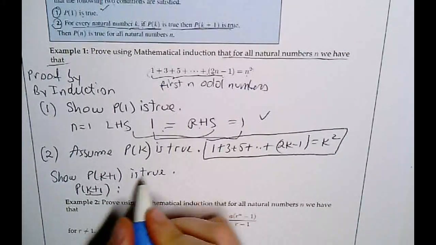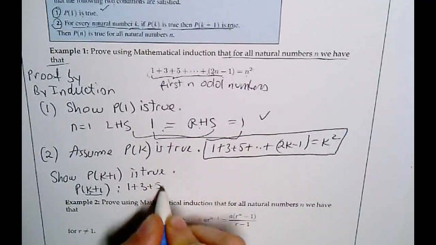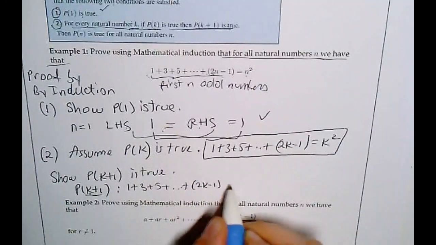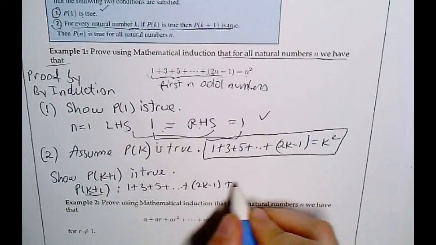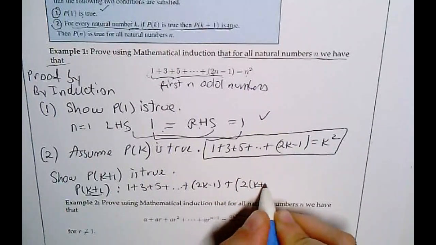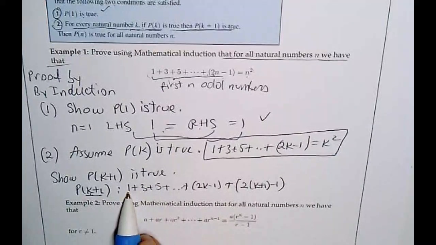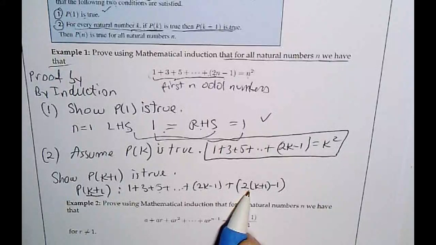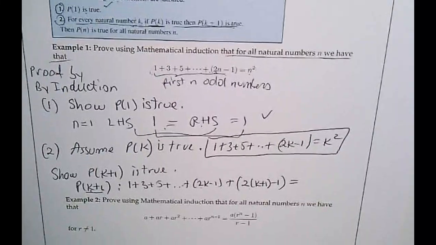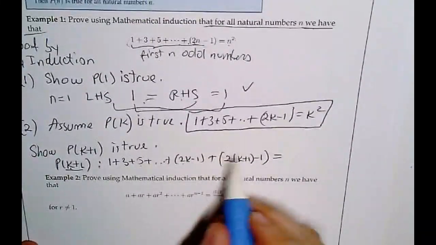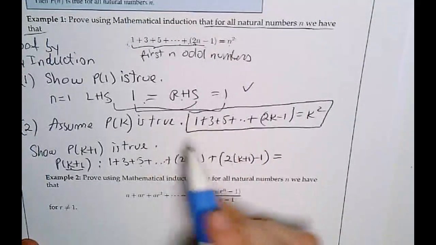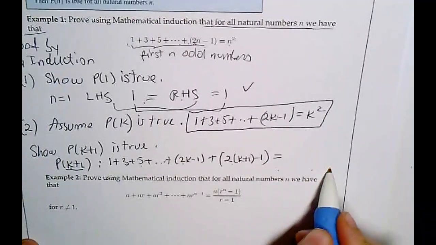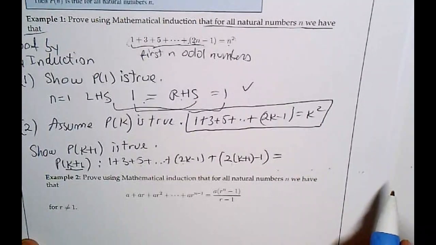So when n equals k plus 1, I'll get 1 plus 3 plus 5 plus ... plus 2k minus 1, that's for n equals k, and then one more, that's going to be 2 times k plus 1 minus 1. So this is when n equals 1, n equals 2, n equals 3, n equals k plus 1. So let's see what this equals. I'm not going to use that it's equal to k plus 1 squared. I need to use this somehow, and then get to the conclusion, show that it's equal to k plus 1 squared.